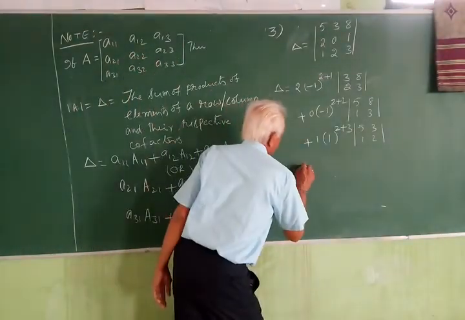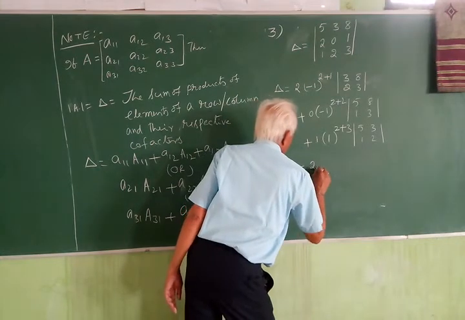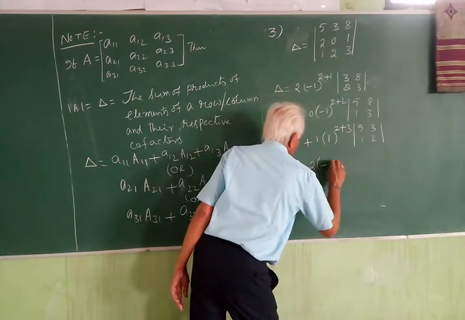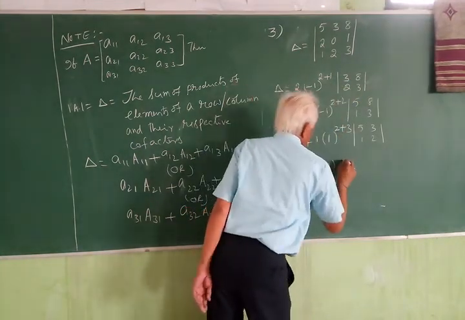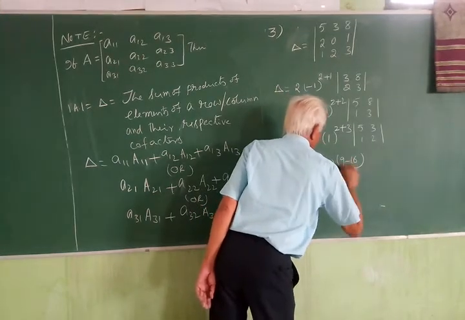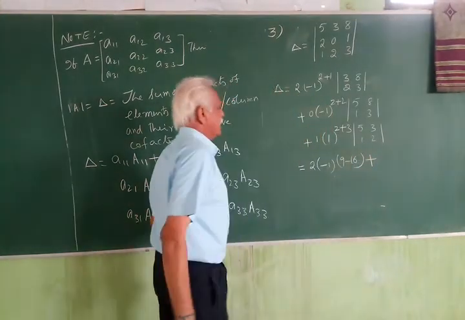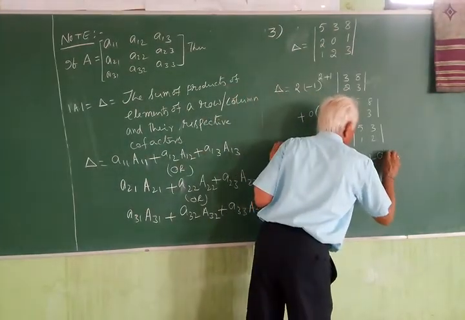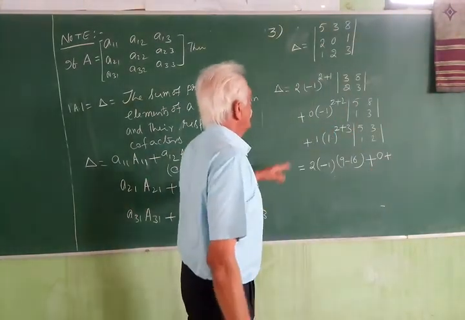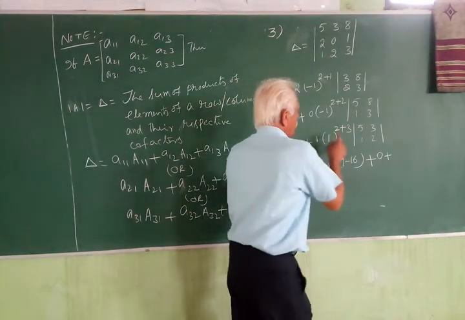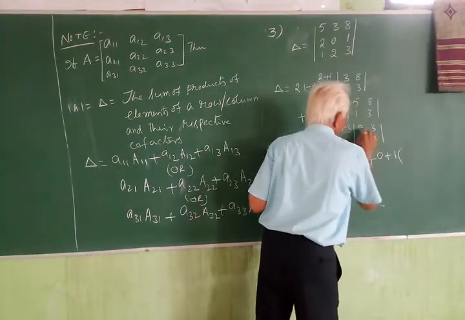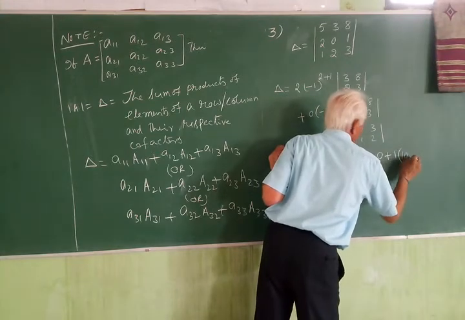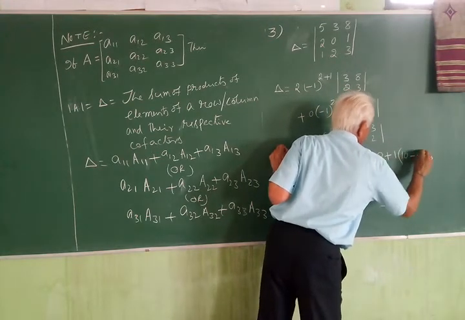This is equal to 2 into minus 1 into how much? 9 minus 15, plus 0 into everything is 0, plus 1 power 5 is 1 into 10 minus 3.